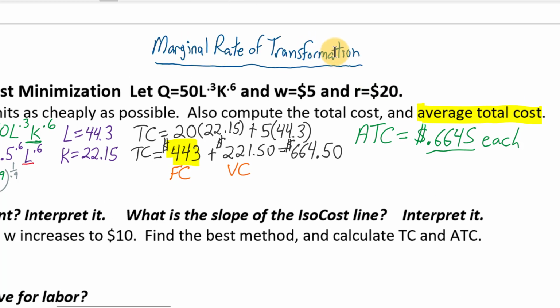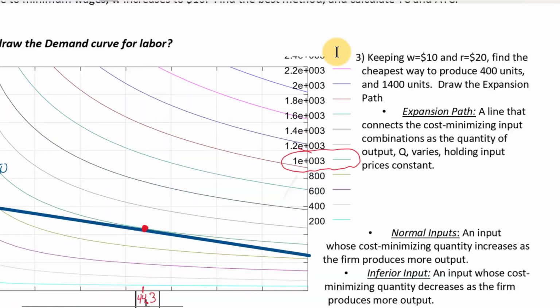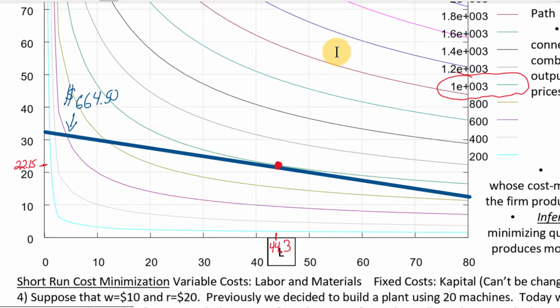The marginal rate of transformation just tells you at what rate you can substitute between two inputs given their relative costs, keeping the same budget. So it just describes how we move along a given isocost.